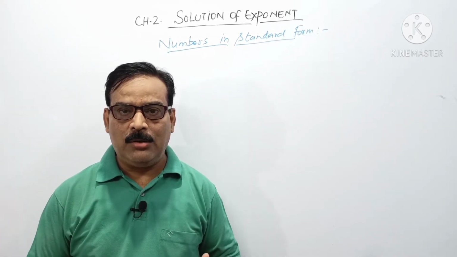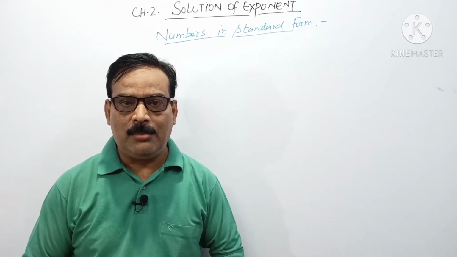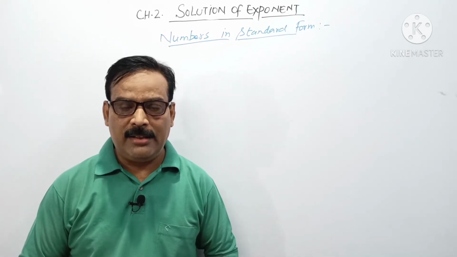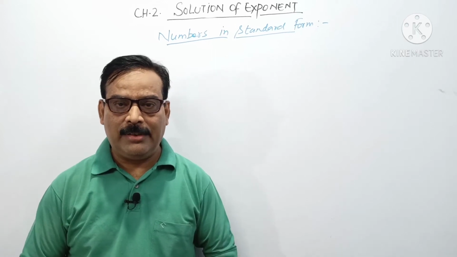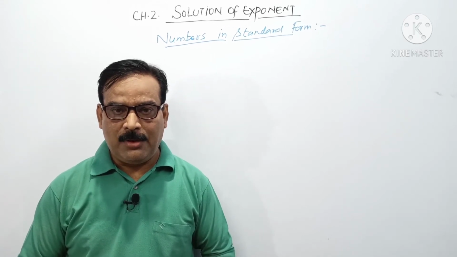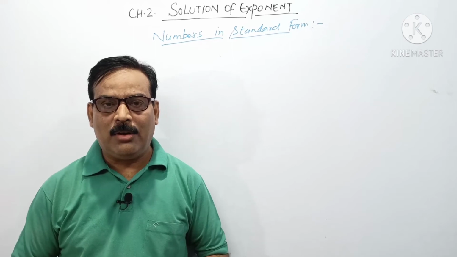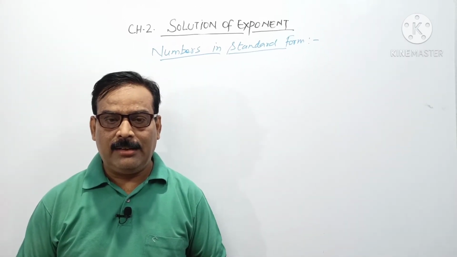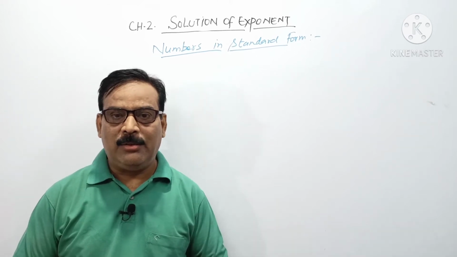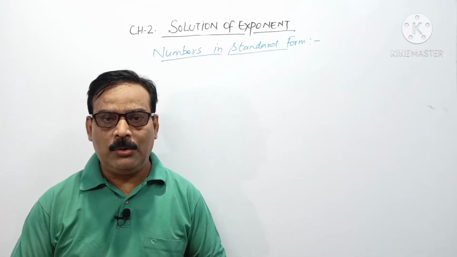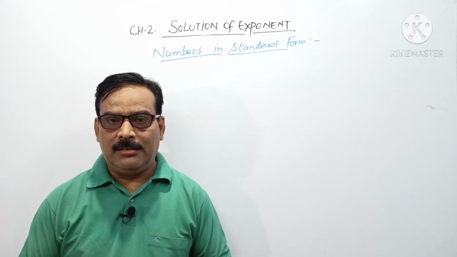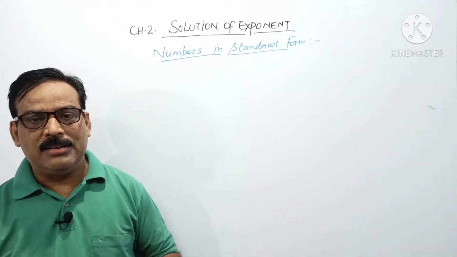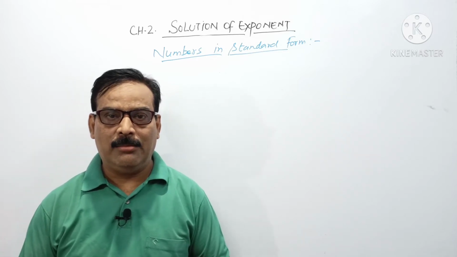So to learn about the standard form, first we are going to explain what the standard form of a number is. A number in standard form is in the form of m into 10 to power n, where m lies between 1 and 10, and n is either a positive or negative number. That is called the standard form of any number.